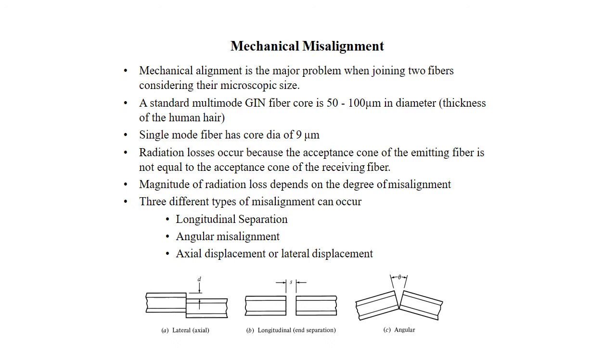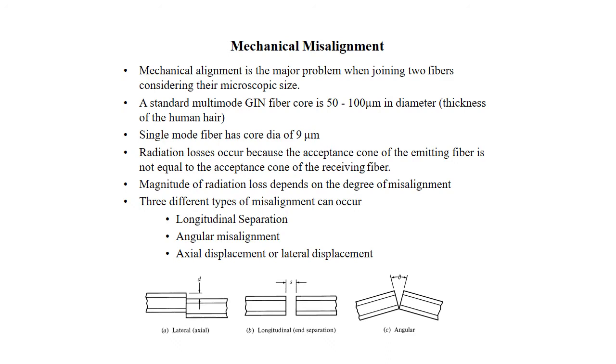The magnitude of the radiation loss depends upon the degree of misalignment, fiber type, core diameter, and the distribution of the optical power between the propagation modes. There are three types of misalignment: one is longitudinal misalignment, another is angular misalignment, and the third is axial displacement or lateral displacement.